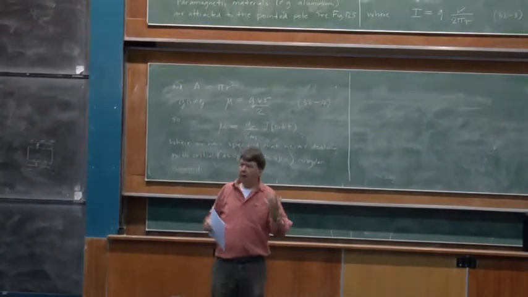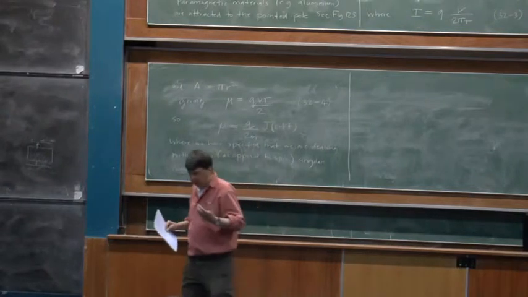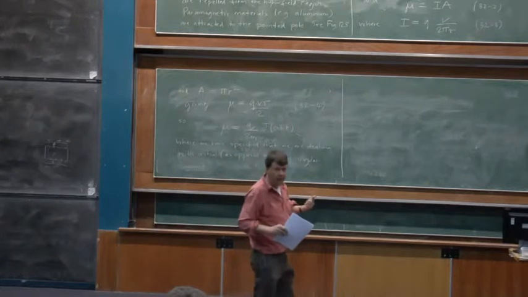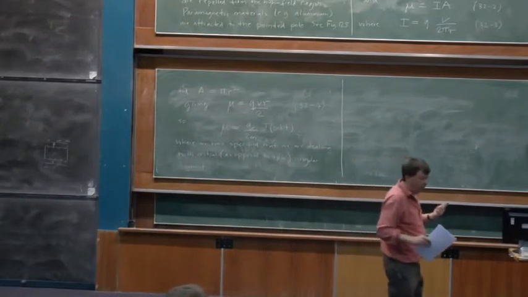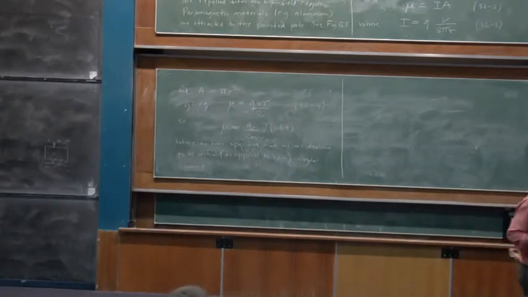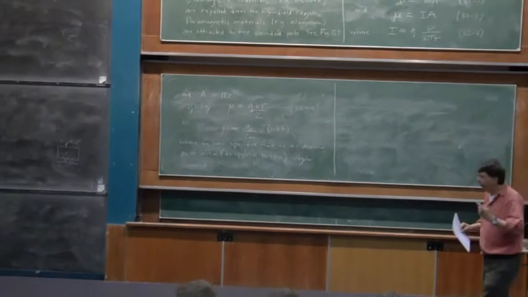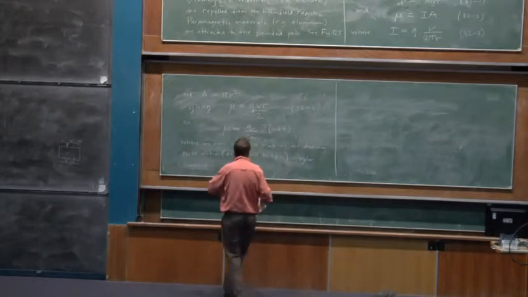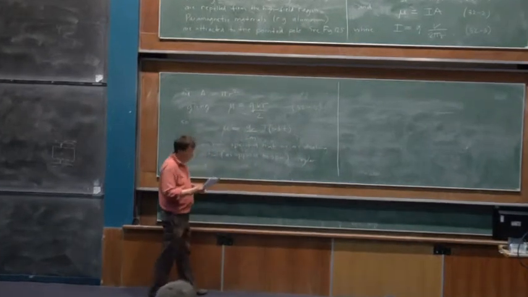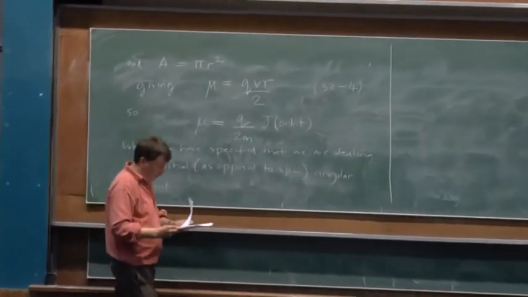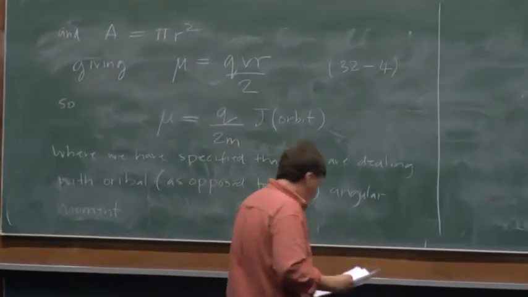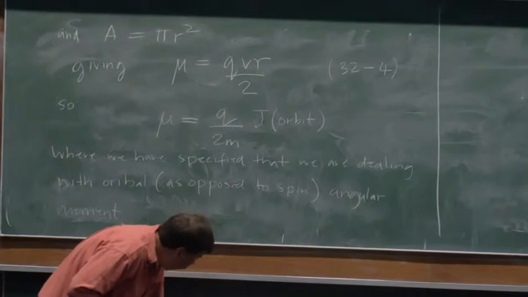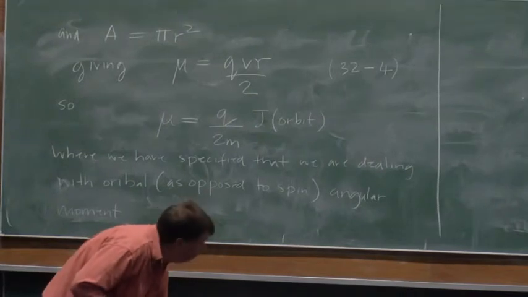Now you've done enough atomic physics to know that electrons can be in S states where the orbital angular momentum is 0. We've got P states where the orbital angular momentum is 1. We'll come to the units in just a minute. D states where the orbital angular momentum is 2, and so on.